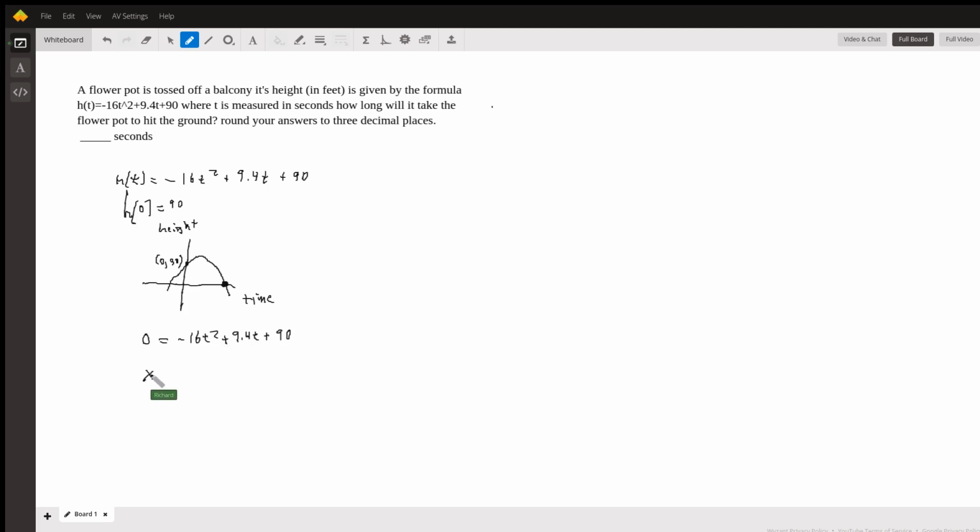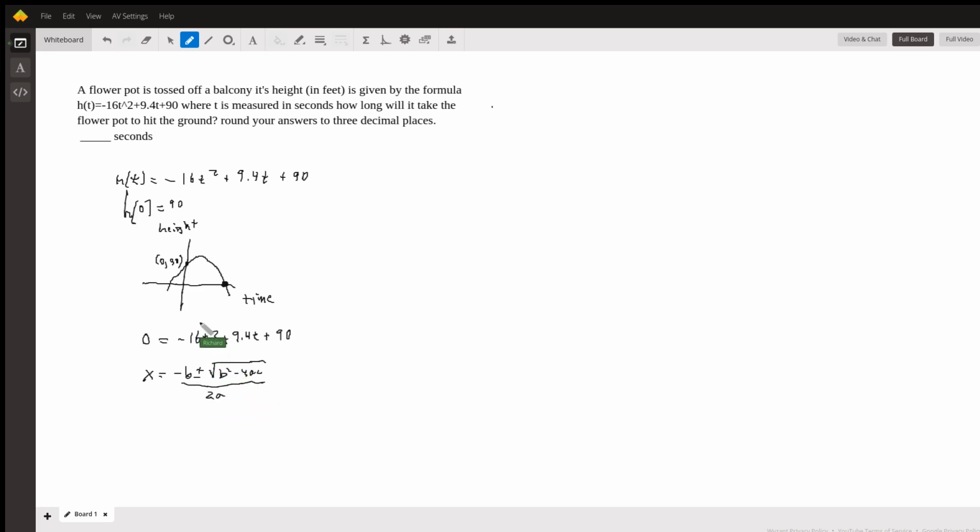And I'll just remind you, instead of x I should say t, but we're all used to x. So it's negative b plus or minus the square root of b squared minus 4ac, all over 2a.